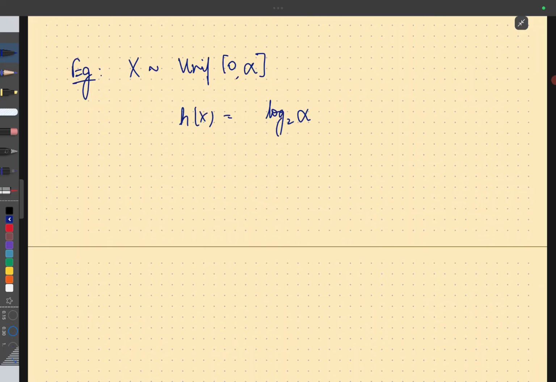And more importantly, even in this particular example, let's say that I have x, which is uniform from 0 to 1, and y is equal to alpha times x. Right? The mapping from x to alpha times x is an invertible map.